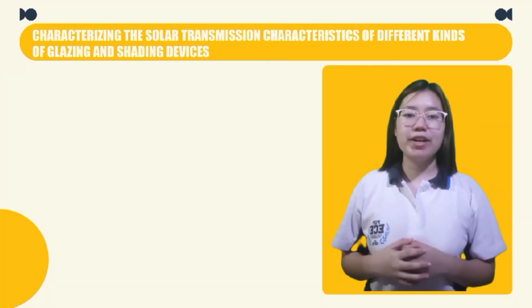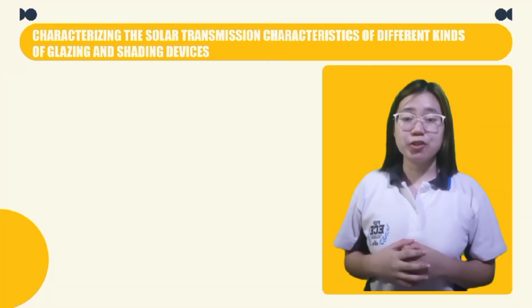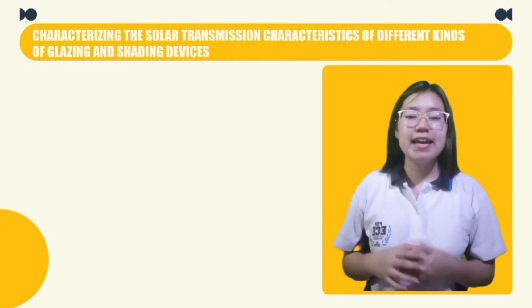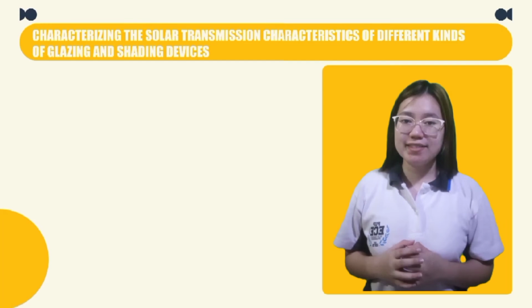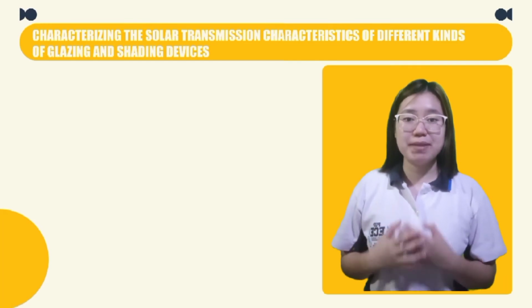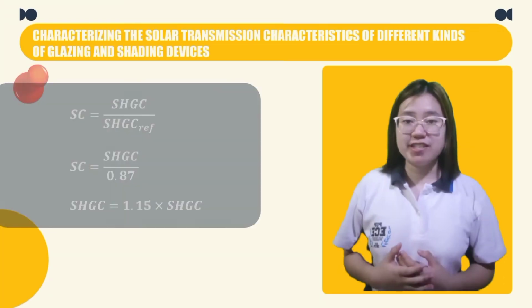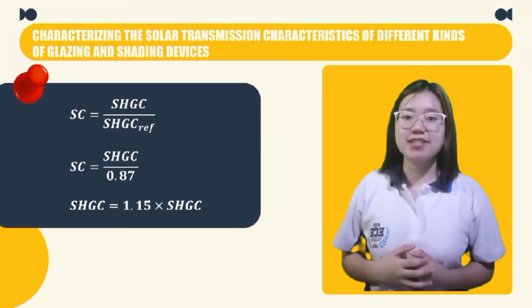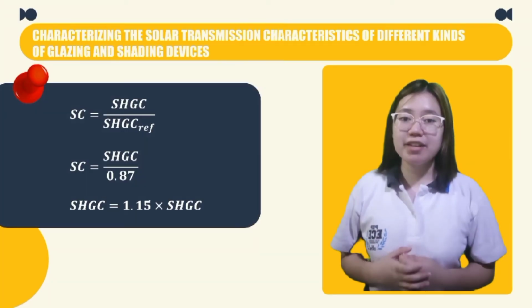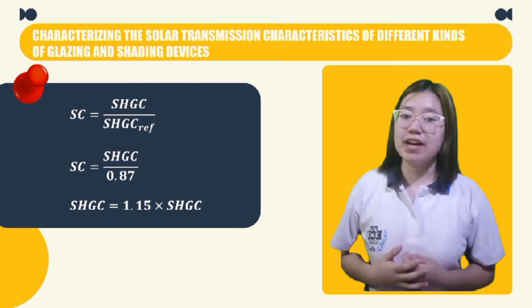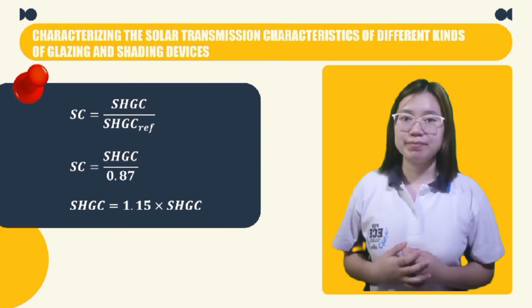Next, we have another way of characterizing the solar transmission characteristics of different kinds of glazing and shading devices. It is to compare them to a well-known glazing material that can serve as a base case. Therefore, shading coefficient is equal to SHGC over SHGC reference. The standard 3 mm thick double-strength clear window glass sheet whose SHGC is 0.87 will serve as our reference glazing.